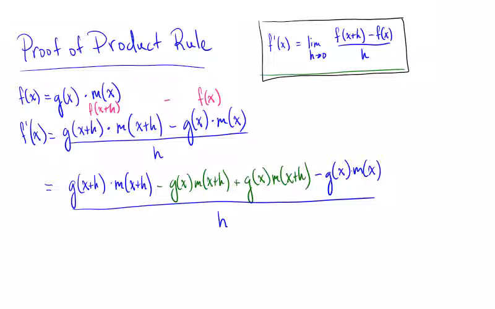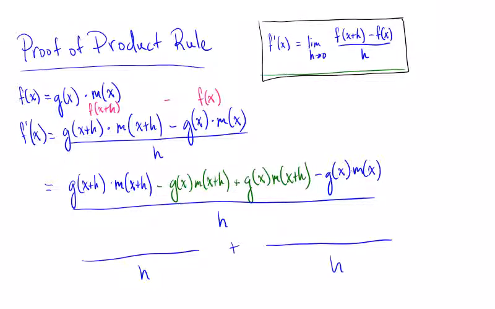All right. And so now what I can do is I'm going to do a couple things at once here. First of all, I'm going to break this fraction into two parts. Okay. So I'm going to make one fraction over h plus another fraction over h. All right. Okay. And then what I'm going to do is I'm going to factor out, in this case, an m of x plus h, right?